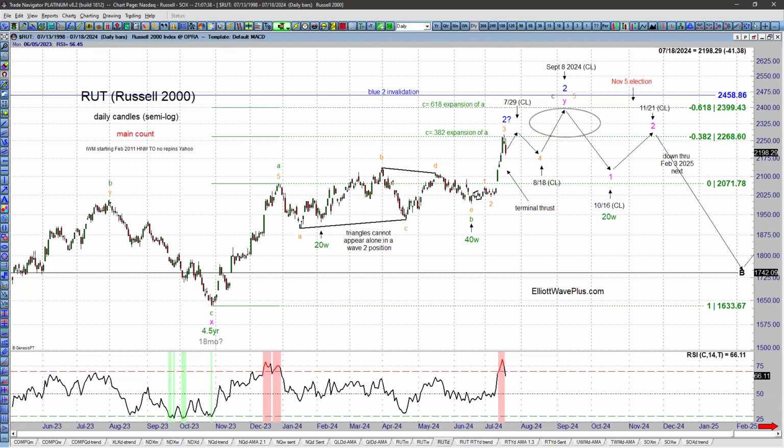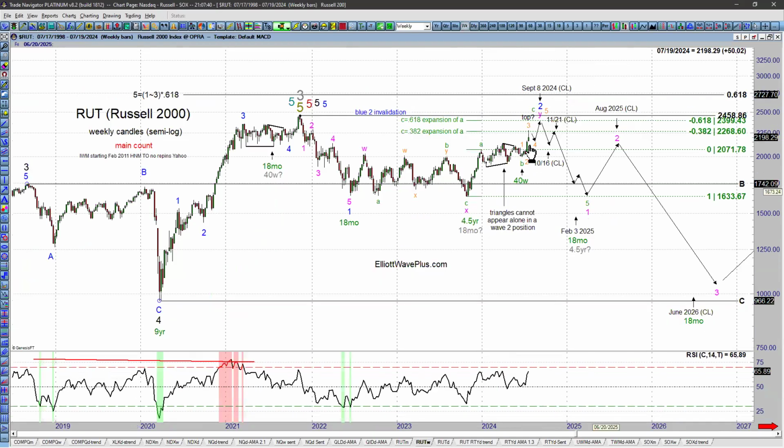be very weak, according to Hurst, down into February of next year initially, a rebound into August of 2025, and then on down.